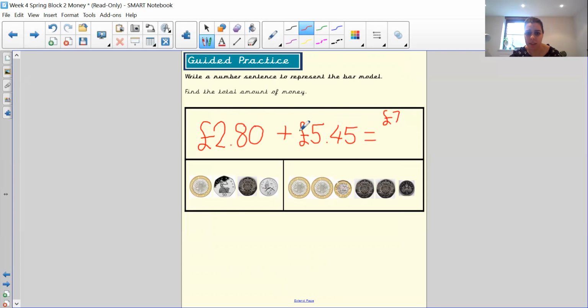Now we need to add our pence. This is a little bit trickier, so I'm going to draw it down here. So I'm going to do 80, add 45, because that's how many pence we've got. We had 80 over here and 45 here, and I'm going to add my pence together. So 0 and 5 is 5. 8 add 4, 8 in my head, 9, 10, 11, 12.